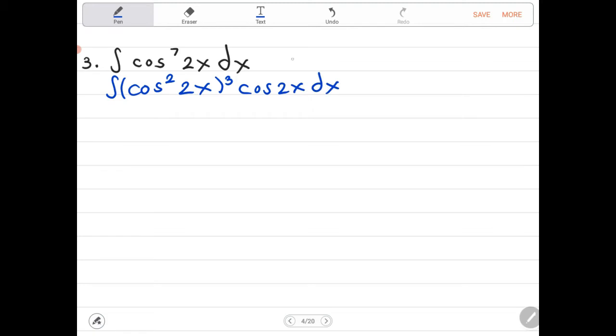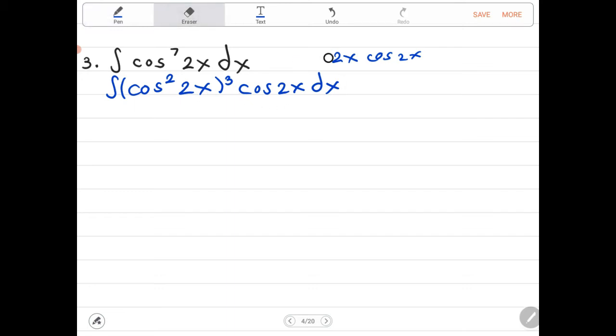So we have cosine raised to 6 2x, then cosine 2x. Then I change it into cosine squared. Why? Because that is the way of substitution that we have. It should be squared. So that's why I have here cube. So they are the same. This is the same with cosine raised to 6.